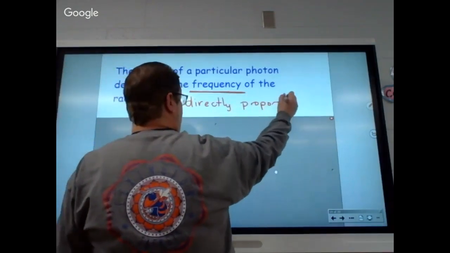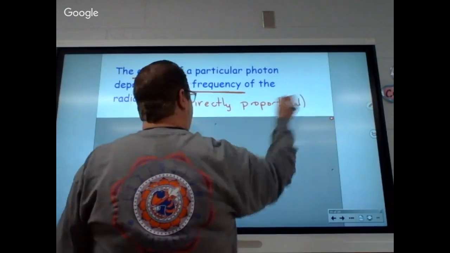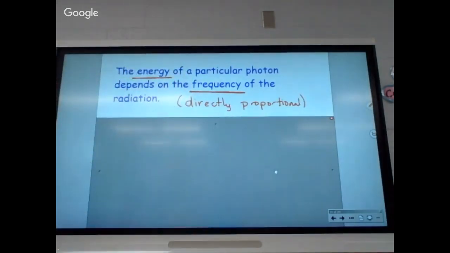They're the exact same thing. In order for that electron to be ejected, the energy has to be high enough or the frequency has to be high enough. You can say it either way. If the frequency's not high enough, it means the energy's not high enough. They're one and the same.